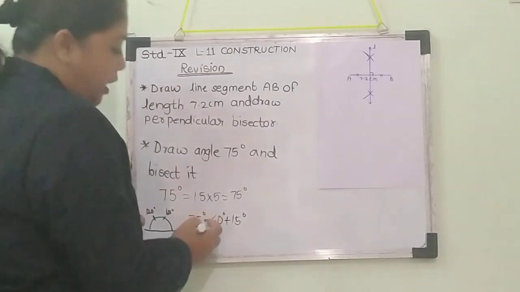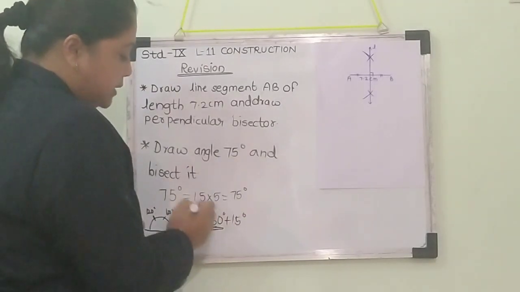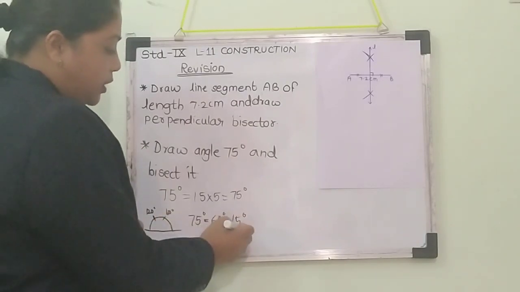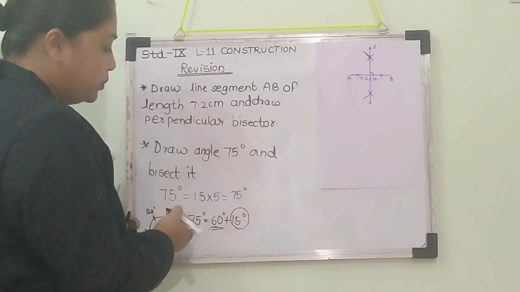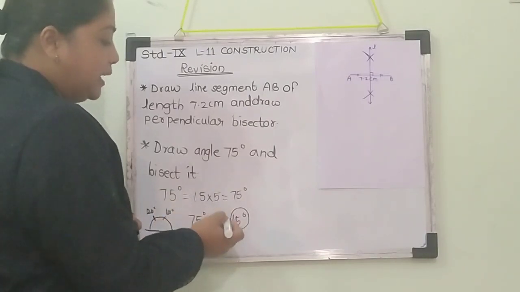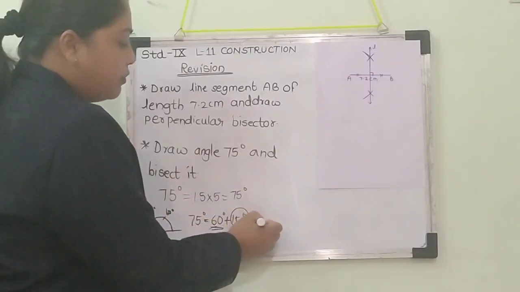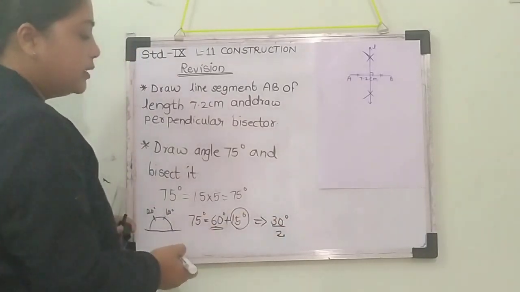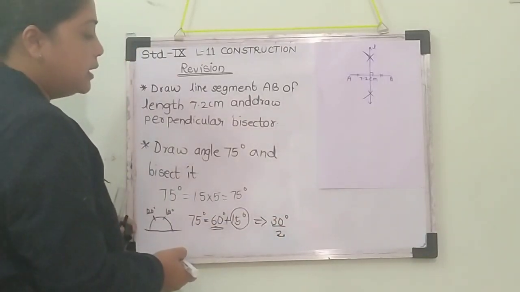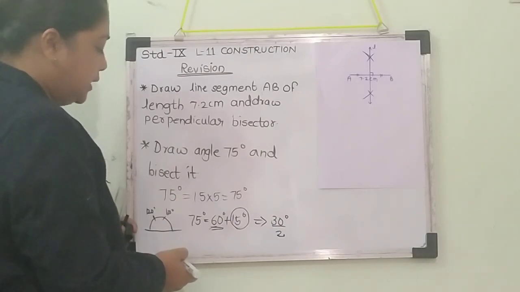Correct. Now we can draw 60 degrees. Now for the remaining 15 degrees, what do we have to do? 15 is the half of 30 degrees. Correct? 15 degrees is the half of 30 degrees.